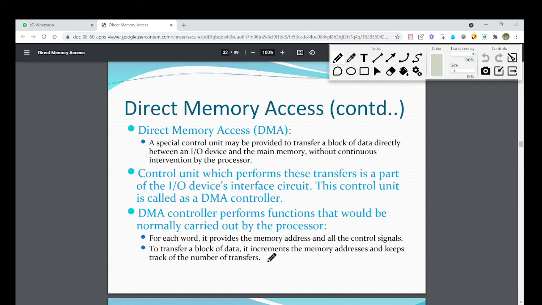That is, to transfer a block of data, it increments the memory address, so it does the operation of a program counter, as well as keeping track of the number of transfers, how many blocks or locations it has already transferred.